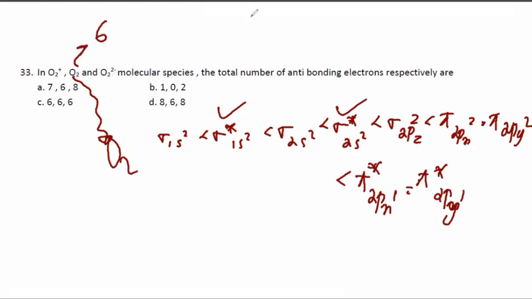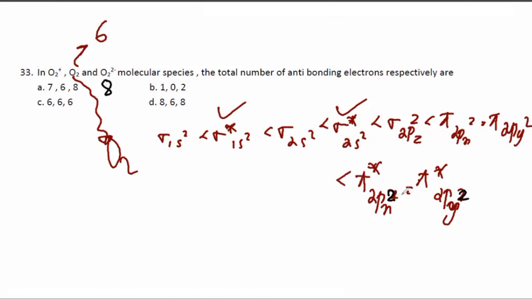So if this is O2 2-, what is the change? Additionally 2 electrons here, so the number of antibonding electrons further increases to 8.